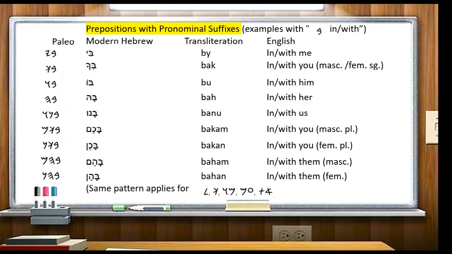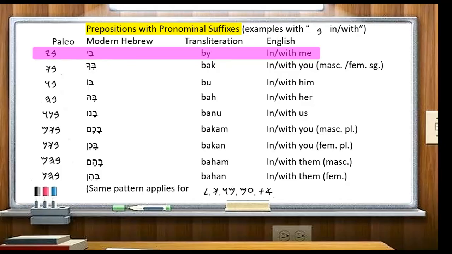And we are using in this particular slide only the beeth or baith. So if you are saying in me or with me, that's be.